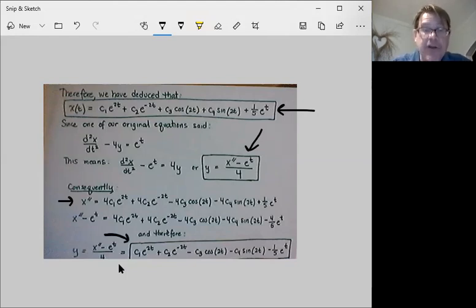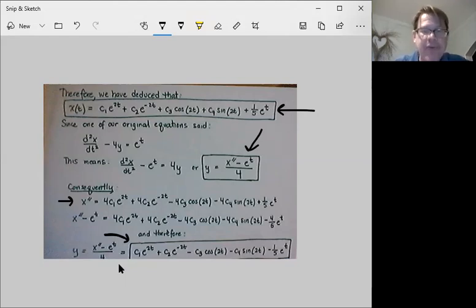Now notice so far this is identical to what the function x was, but now it's going to deviate a little bit. Instead of having plus c3 cosine of 2t plus c4 sine of 2t, notice the minus signs here. Minus c3 times cosine of 2t minus c4 sine of 2t. And then in the end, instead of plus 1/5 e to the t, we'll end up with minus 1/5 e to the t after doing the algebra.